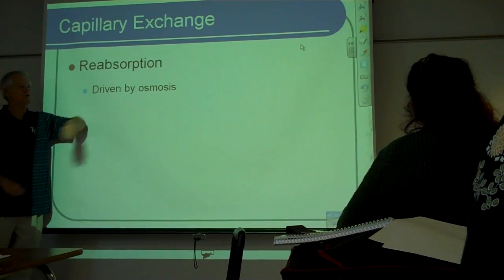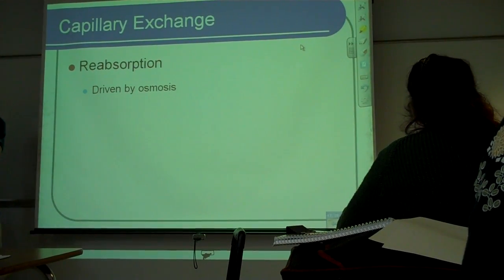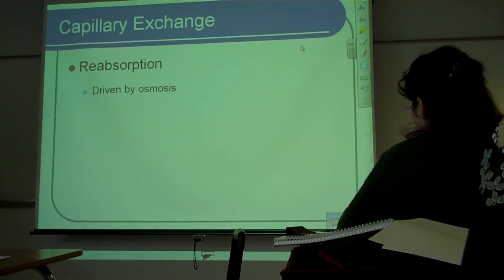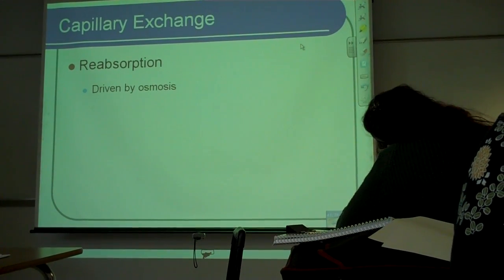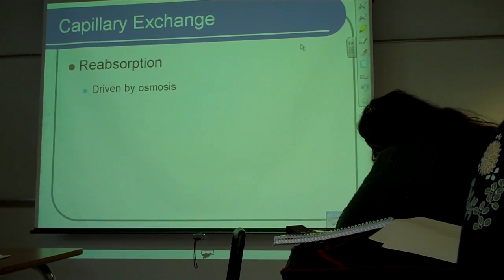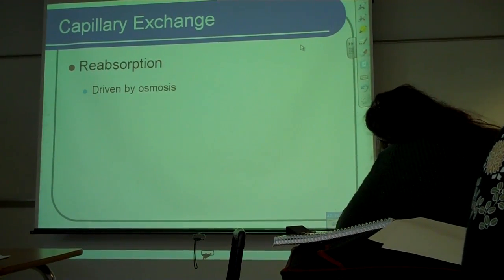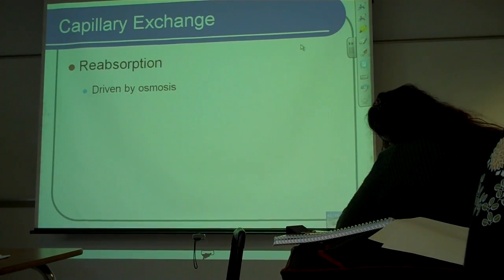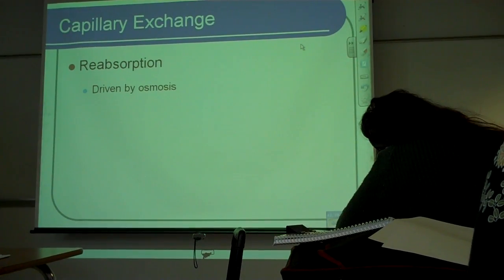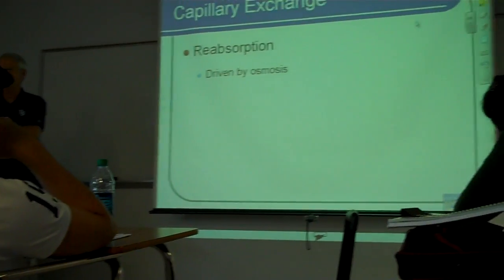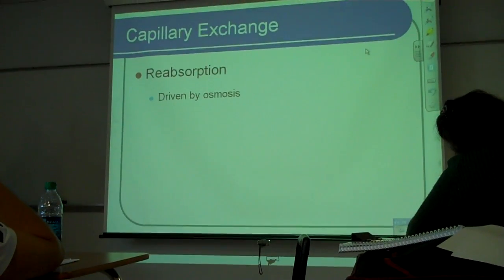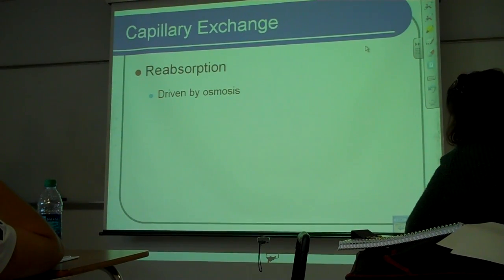And the reason that osmosis works here so nicely is, again, because the protein concentration, and of solutes, period, within the plasma is higher than in the interstitial fluids. Not that the interstitial fluids don't have an osmotic pressure. I don't include that, but it's very low and insignificant, but there is one there. The greater pull is within the blood, and that's why I don't put down the interstitial fluid osmotic pressure.